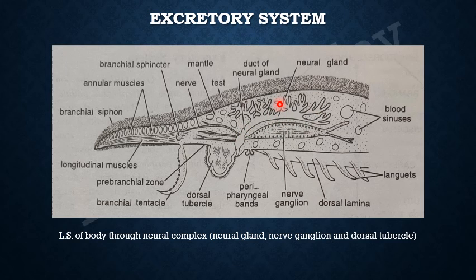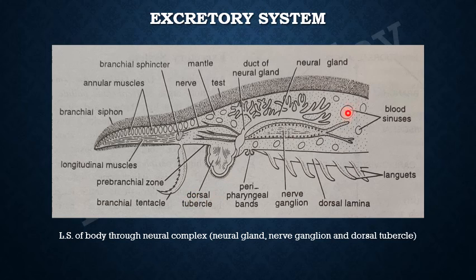So all the excretory material is collected, and the excretory cells actually are in fact the nephrocytes of blood. They collect waste products, mainly xanthine and urate particles, and pass through the lumen, and through the duct, through this aperture they are poured into the prebranchial zone.